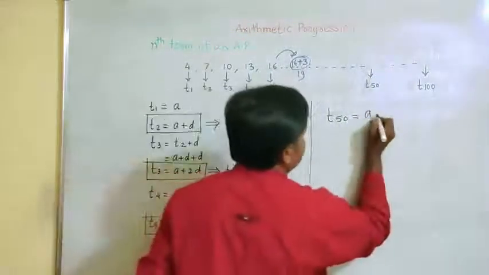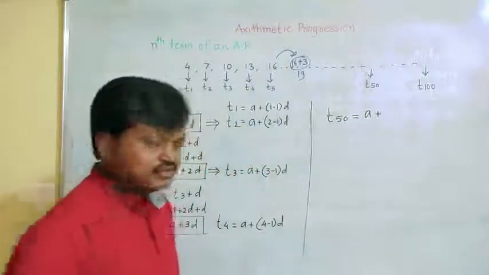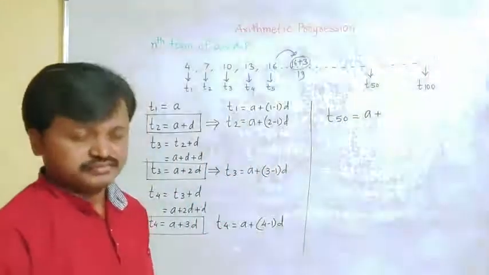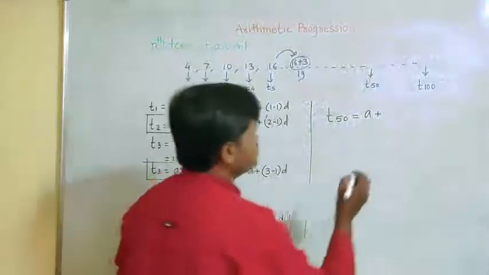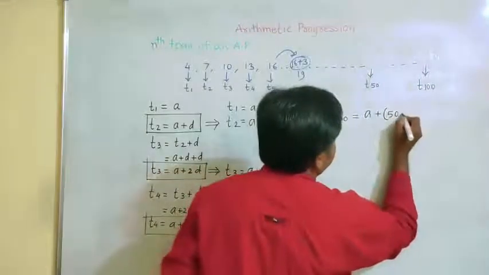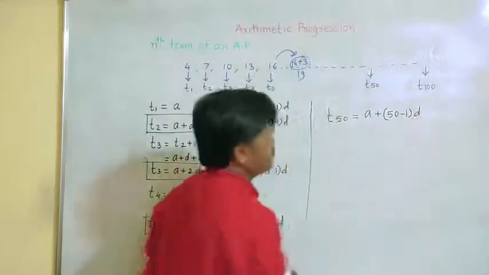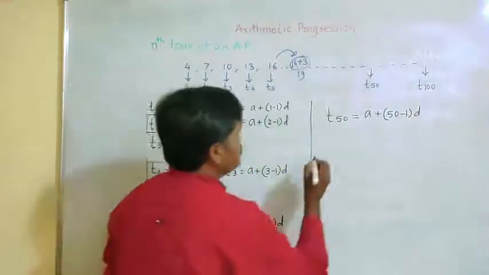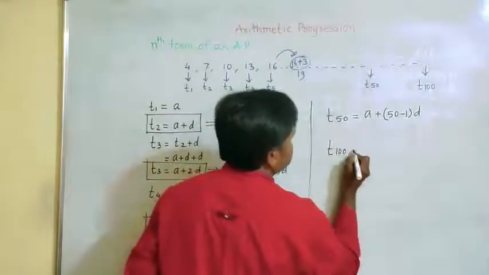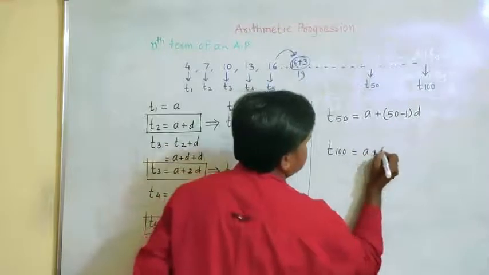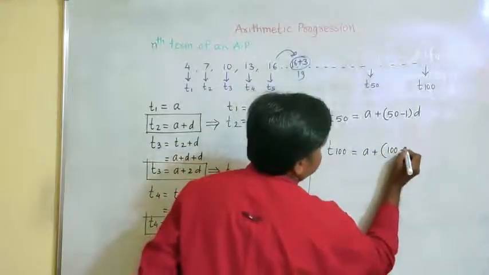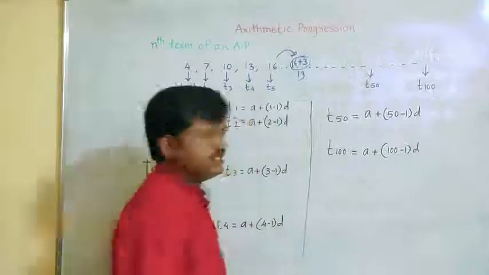For T50, a plus 50 minus 1 d. Then suppose we want T100. What do you write here? a plus 100 minus 1 into d.